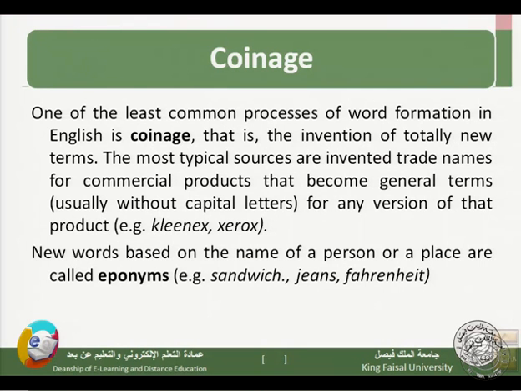Another example, as you can see on your slide, is Kleenex and Xerox. Kleenex is one brand of hand tissues or paper tissues, but now I say I'm going to buy Kleenex, and I can buy another brand, another trade name, of that general product, which is tissue.